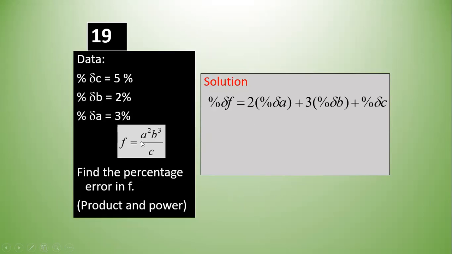Because of the cube, times 3 the uncertainty in B. And then percent uncertainty in C, no power. Put in your values: 2 times 3%, 3 times 2%, and percent uncertainty in C is 5%. Add them up.